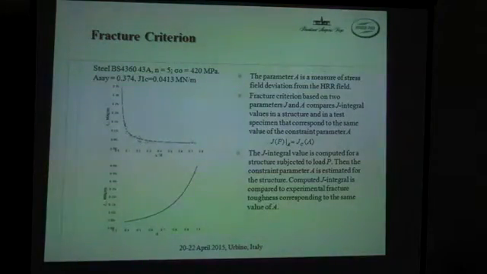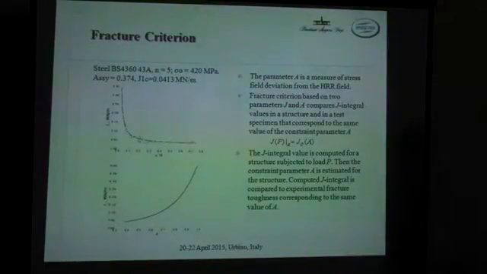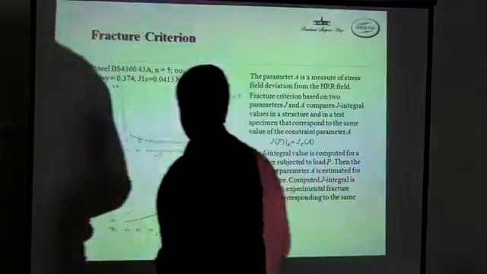And the fracture criterion based on two parameters, J and A, compares J integral values in the structure and in the test specimen that correspond to the same value of constraint parameter A. So we have the fracture criterion in this form, and the J integral value is computed for structures subject to load P. Then constraint parameter A is estimated for the structure. The computed J value is compared to the experimental fracture toughness corresponding to the same value of A.